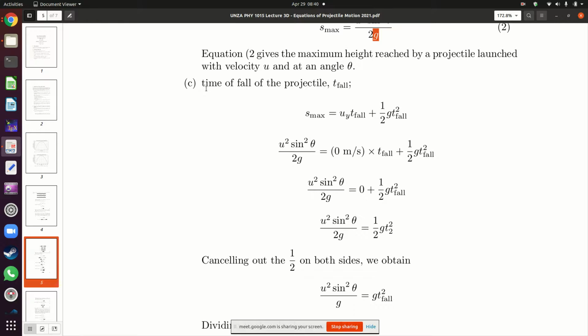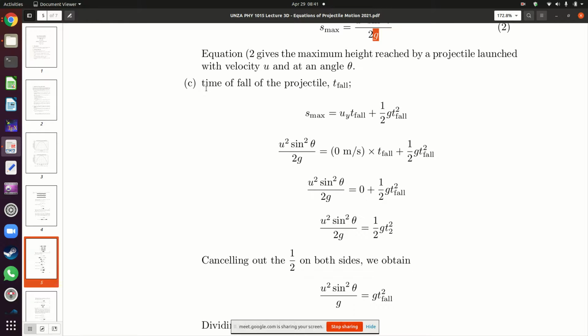So when this projectile goes up, the distance from wherever it was launched to maximum height is the same as the distance from maximum height to the ground. This is a very, very important assumption. If this assumption is not correct in a problem you're given, then you need to do the calculation the long way, the way we did on Monday.